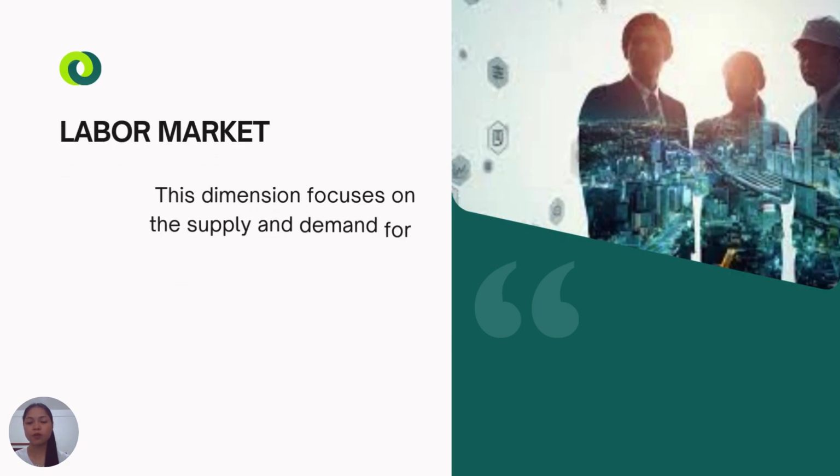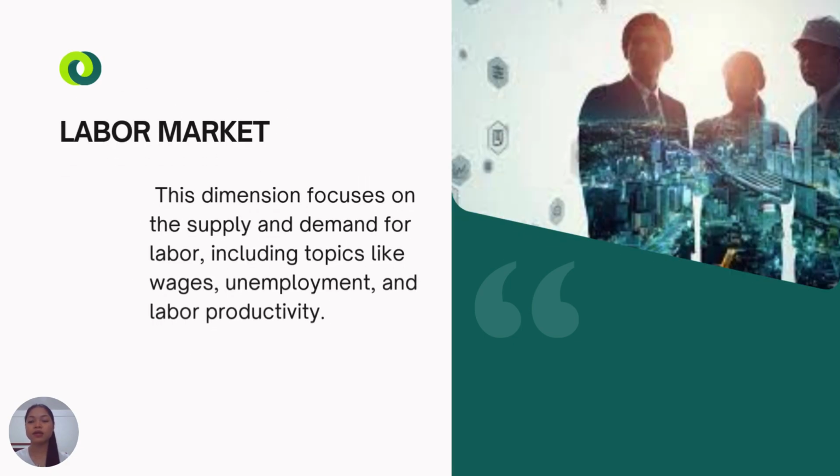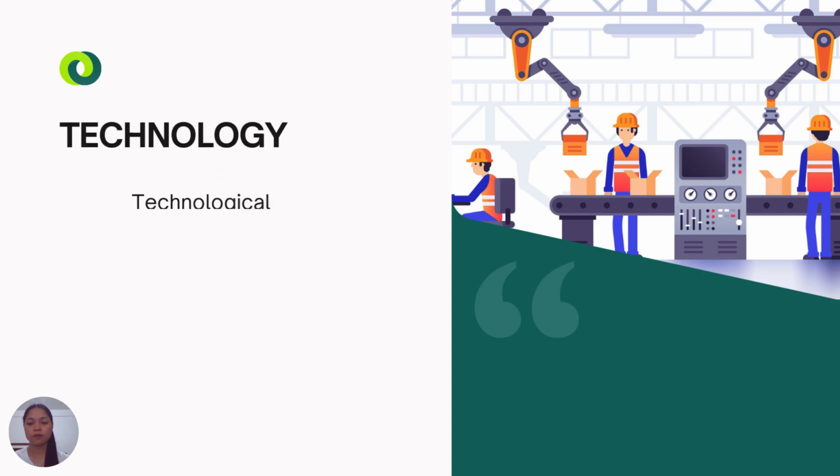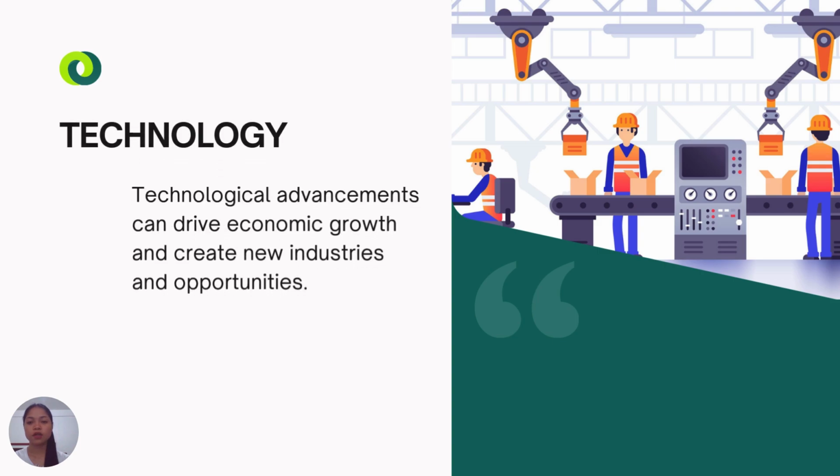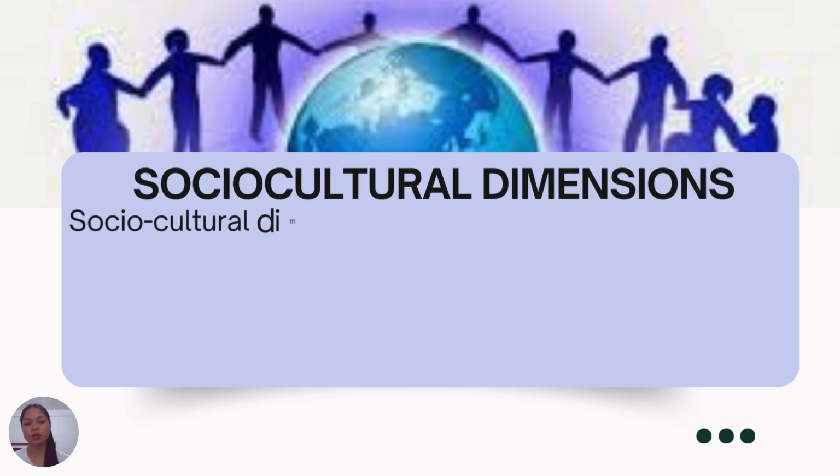Next is labor market. Wages, employment, and productivity are the dimensions of the supply and demand of our labor market. Technology can help our economic growth, where it could give us opportunities, especially in the company's working process.